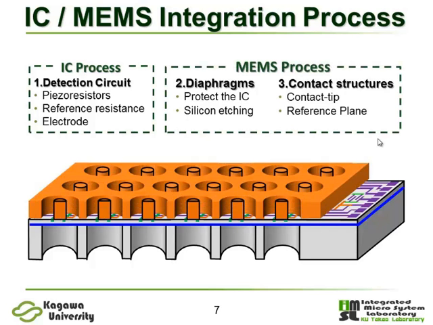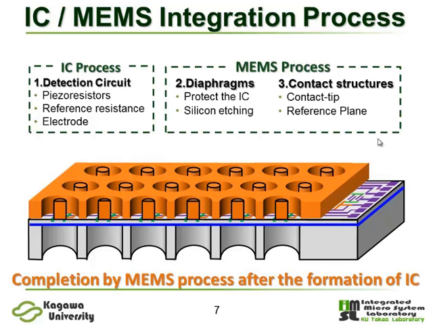Finally, the reference plane and contact tip structures are formed by 76 micron thick SU8 layer with single lithography step. The fabricated wafer was diced and packaged on printed circuit board for tactile sensing evaluation.